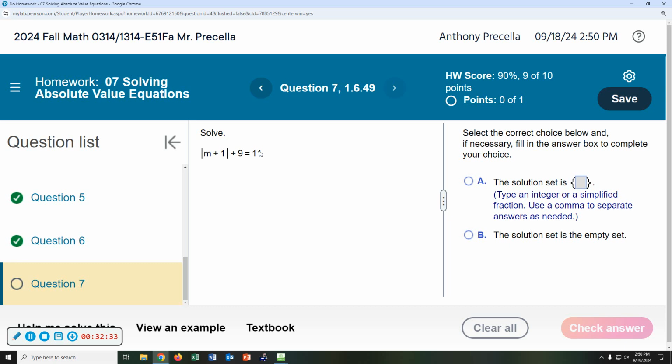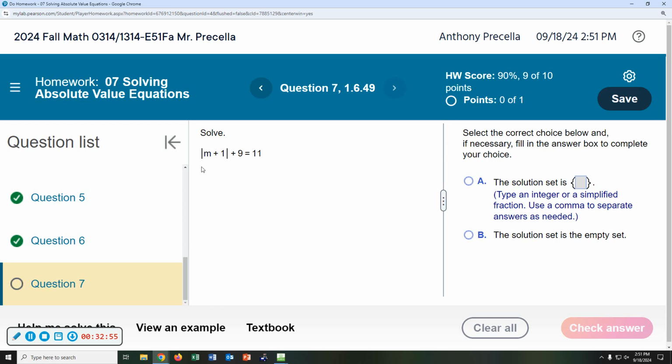Okay. Absolute value of m plus 1, and then plus 9 equals 11.